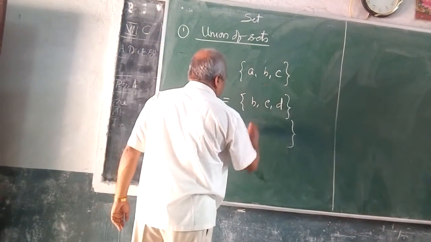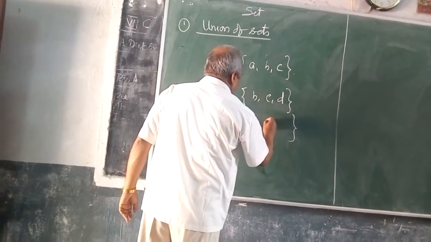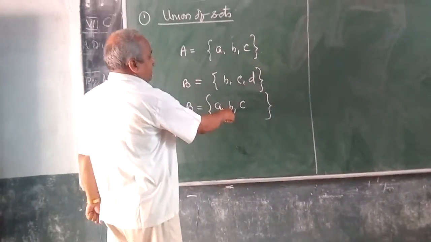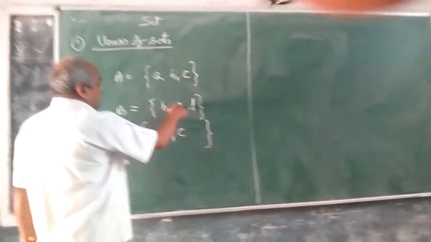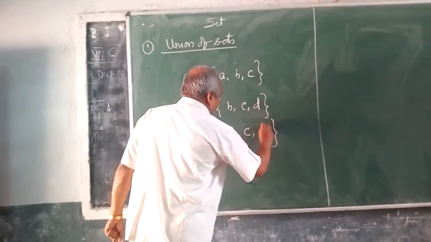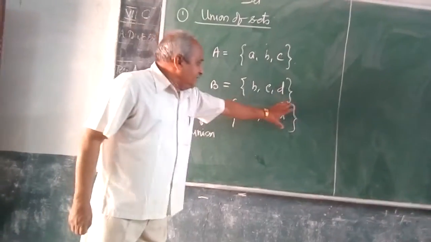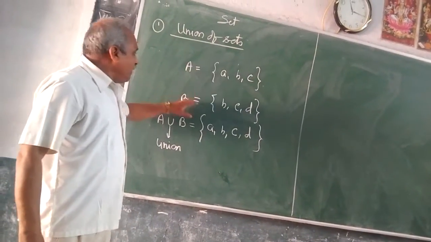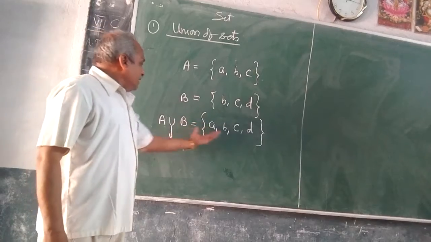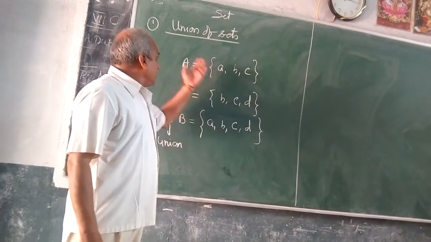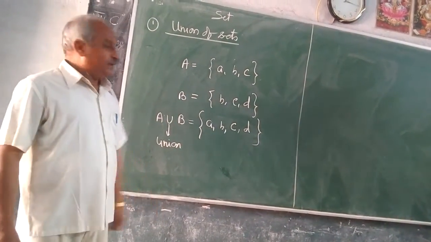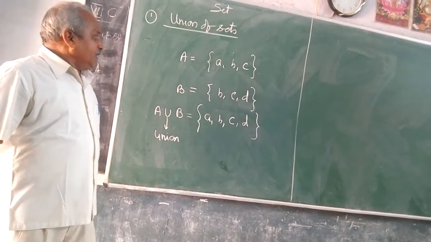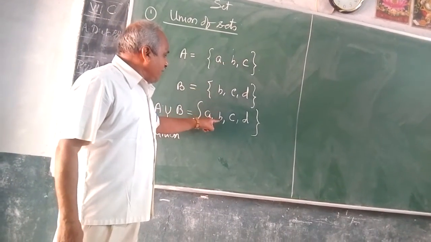This a will come here, this b will come here, this c will come here. Again, see, b and c we have already written here. Therefore, b will not be repeated, and c will also not be repeated. And d. Now you can see this is the set developed by the union of A and B, or the set obtained by the collection of elements of A and B. As these collections are in the form of a set, in place of two b's we have written one b.